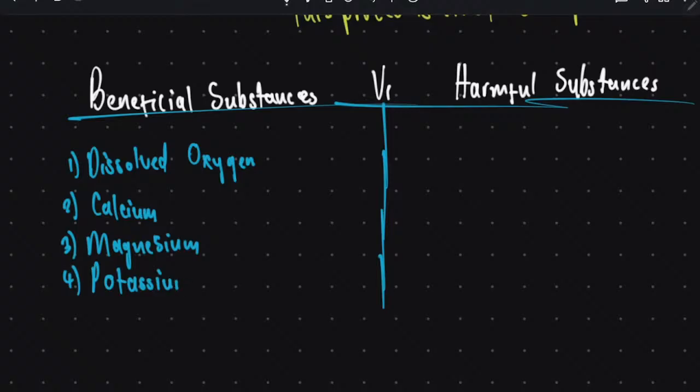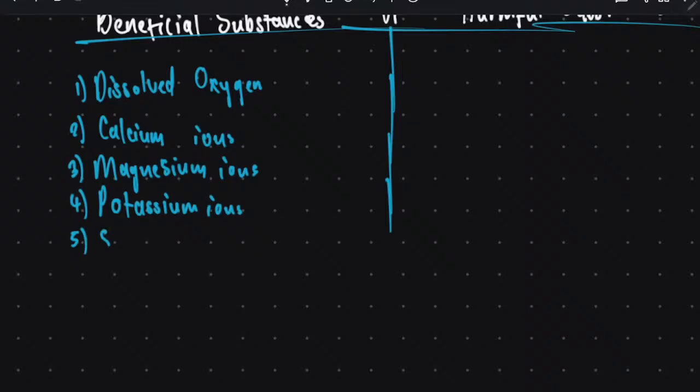You can say calcium ions, magnesium ions, potassium ions, sodium ions, all found in water, right? Metal ions, useful metal ions, essential metal ions.